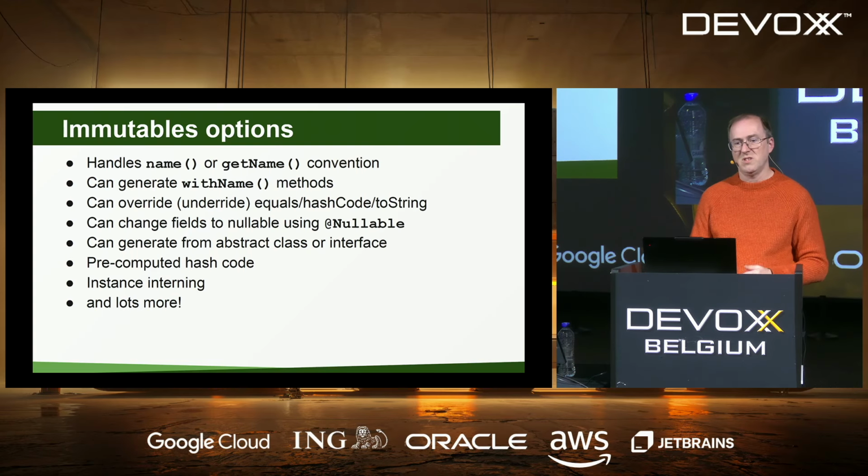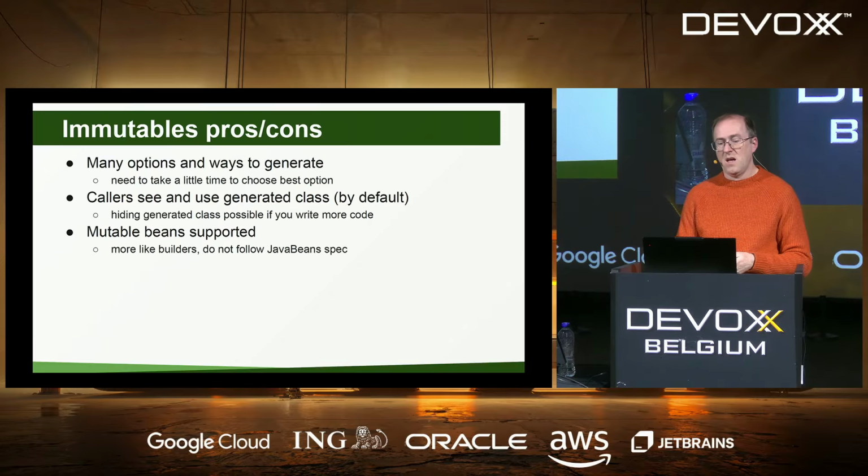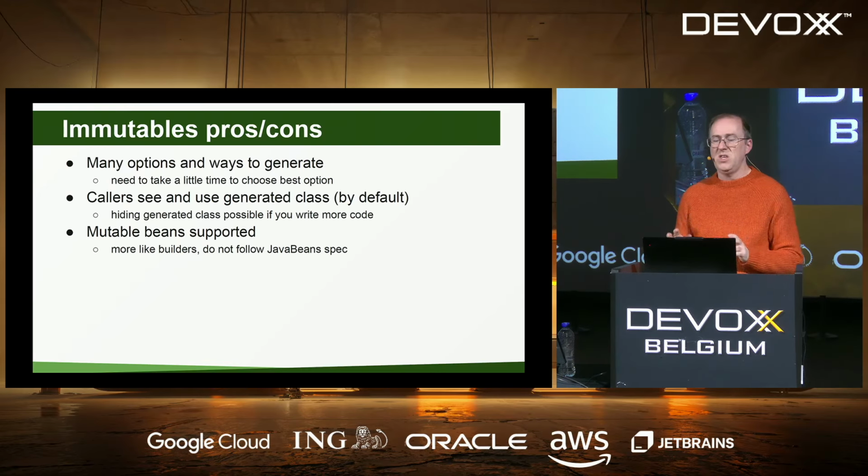There's loads of options. You can do name convention or get name, with name, control the equals and hashCode methods, use nullable, all this kind of stuff. So many ways to generate them. But yes, your callers will actively be using this generated class. It's not something that's being hidden away.